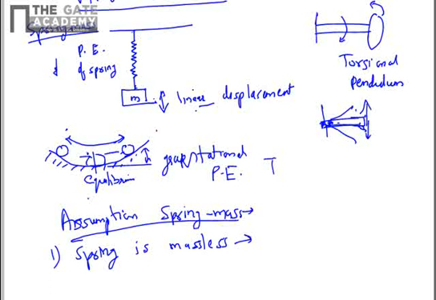If the spring were to have some mass, then the force at the top end would be different. It would be the weight of the spring plus the weight of the mass. Since the spring is massless, the force on both ends of the spring will be the same.